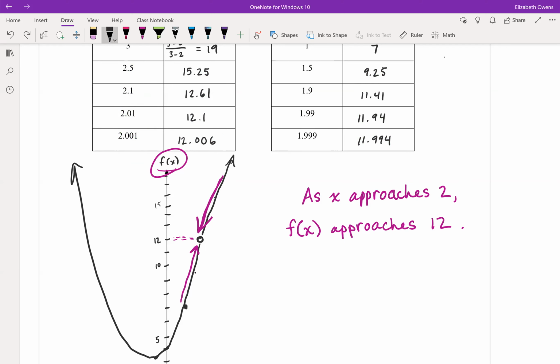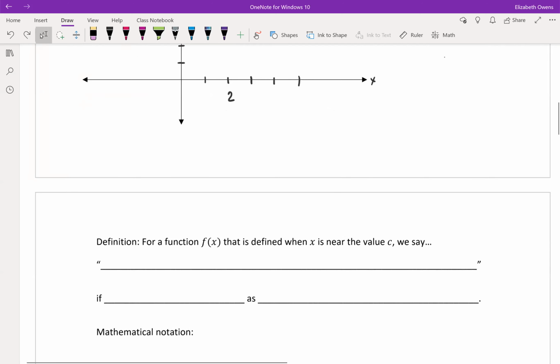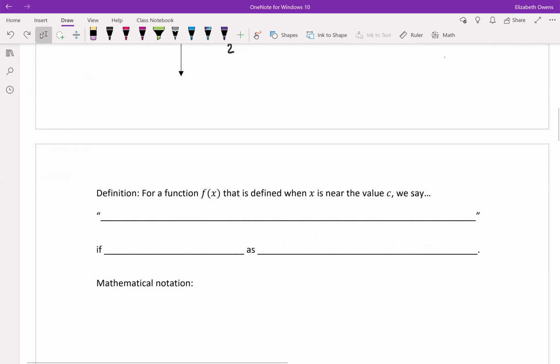All right, so what that means, or the definition that's wrapped up in all of this, is right down here.